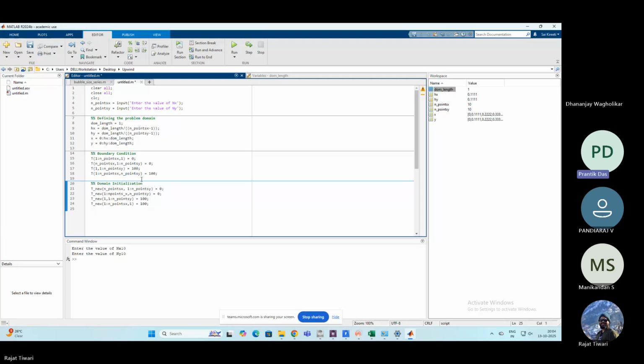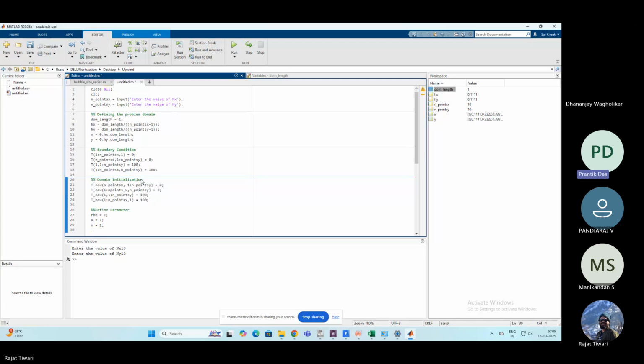So now going to the problem itself. Define parameters: rho equals 1, C equals 1, V equals 1, and gamma equals 0, which is your diffusion coefficient.